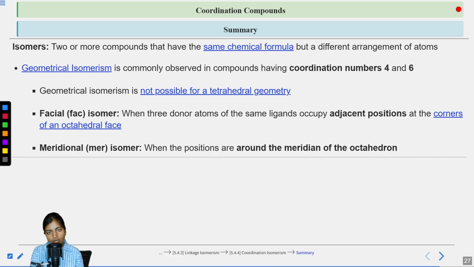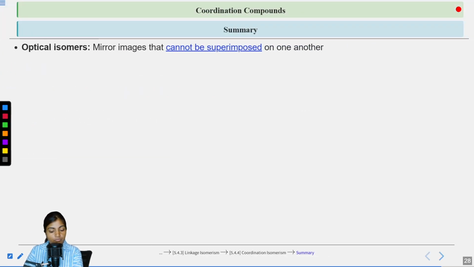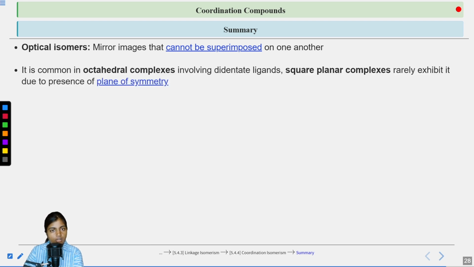Then we talked about optical isomers, which are mirror images and cannot be superimposed on one another. This is their property, and it is common in octahedral complexes involving bidentate ligands. Square planar complexes rarely exhibit optical isomerism due to the presence of a plane of symmetry.